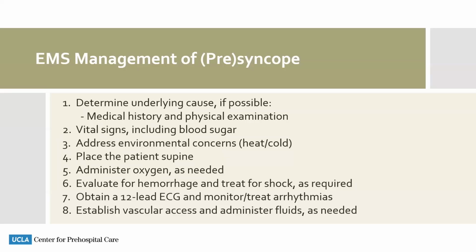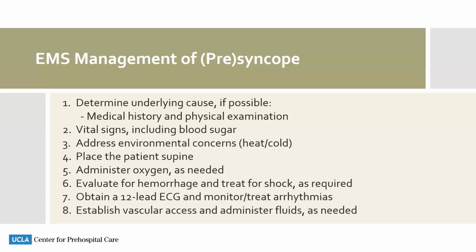A, B, C, D, E, our basic primary assessment. We're going to find out their history. What medicines are they on, if any? We want to know what people saw ahead of time, what happened ahead of time, what the patient remembers just before he became unconscious. Those are the things that we want to know.